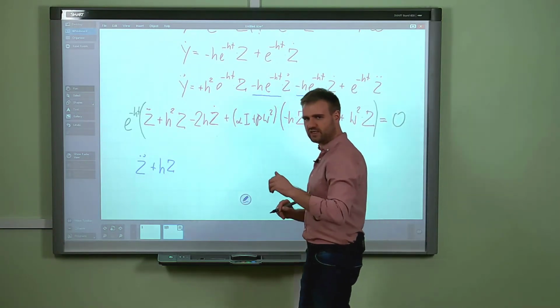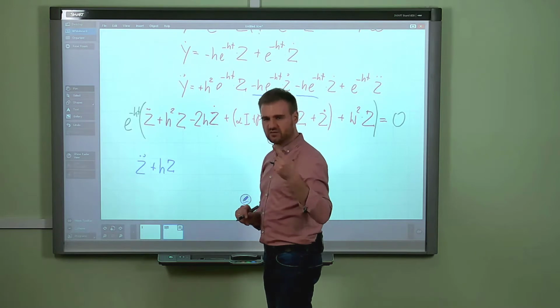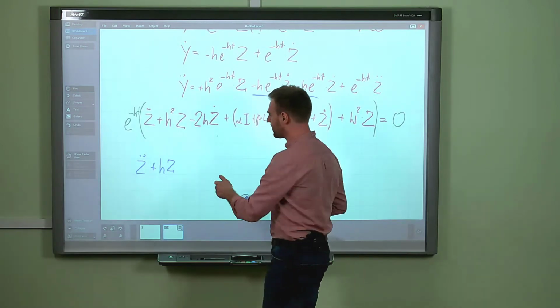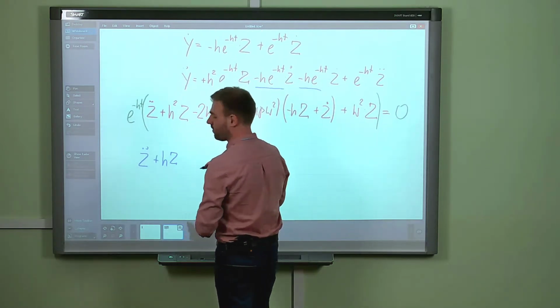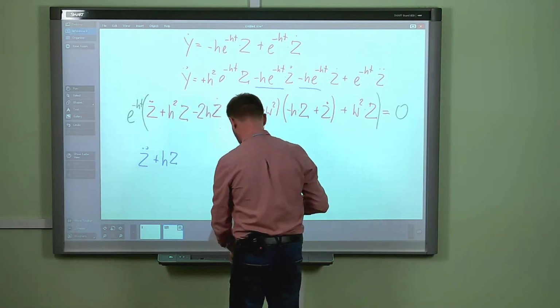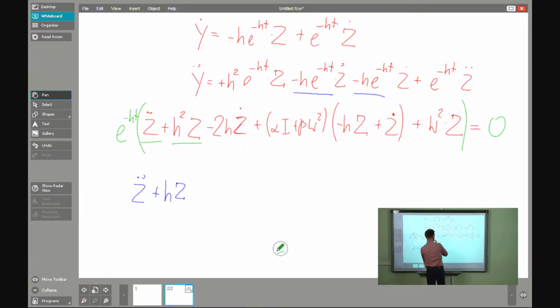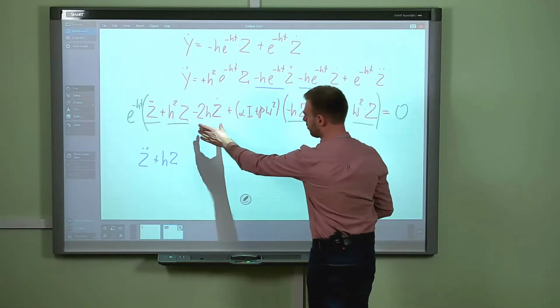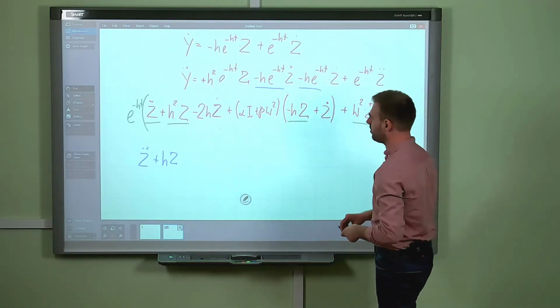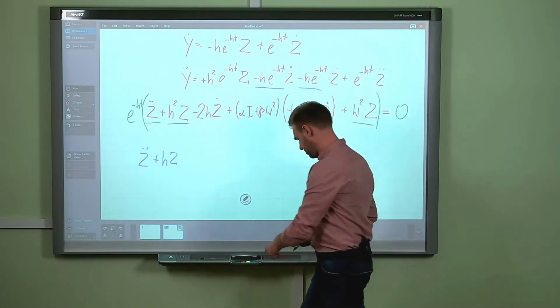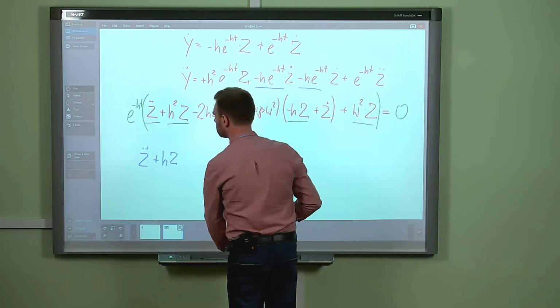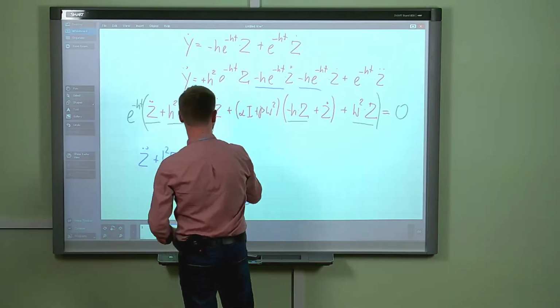One component will be connected only with the second and zeroth derivative, like it was in the case of the undamped vibration. I mean, I will take that thing, that thing, and that thing. And the second component, second part, will be connected only with the contribution of the damping. I mean, it will be connected only with the z dot. Okay, it means it will be z squared.